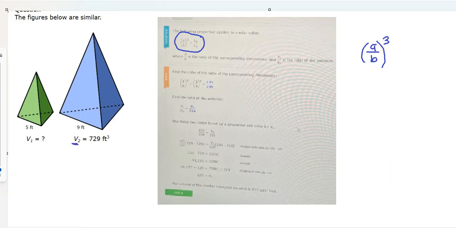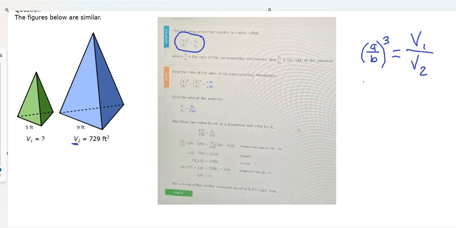Volume has three dimensions: length, depth, and height. That's why the three is there. Then they're setting up a ratio of the volume of the first one to the volume of the second one. This is like a little pattern, a little formula. All you've got to do is fill in the pieces that you know.